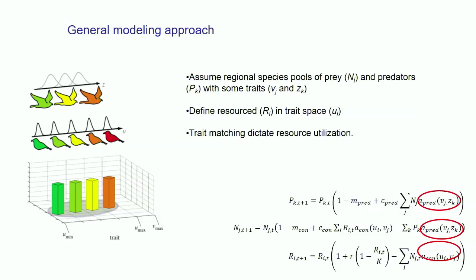So we model this as a classical Lotka-Volterra predator-prey system, but we expand on that model to make it trait-based, and thus assume that trait matching dictates resource utilization, very much like in the previous talk. And from this, it follows that similar consumers compete more than less similar ones.